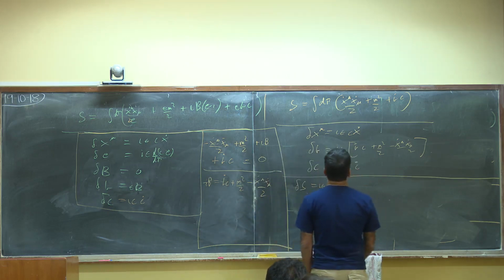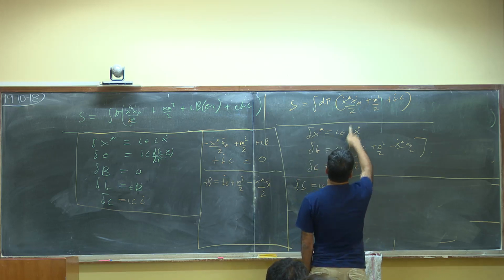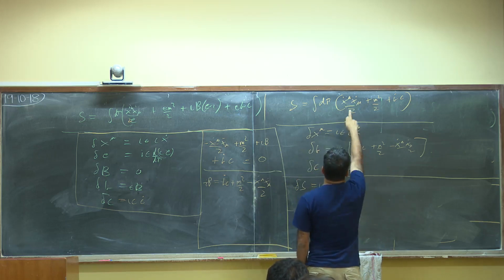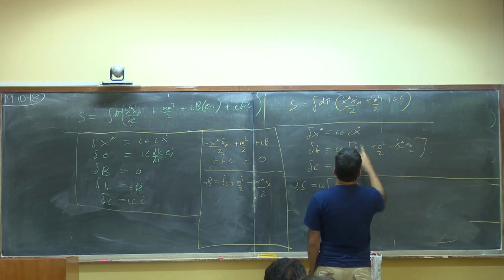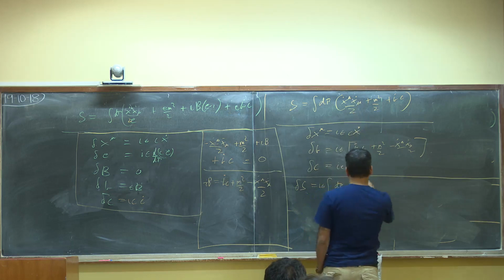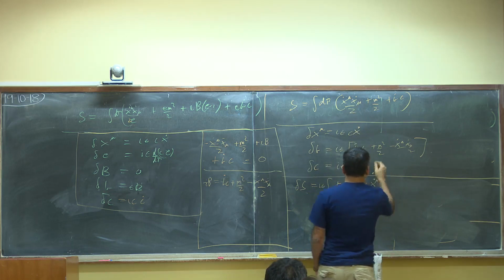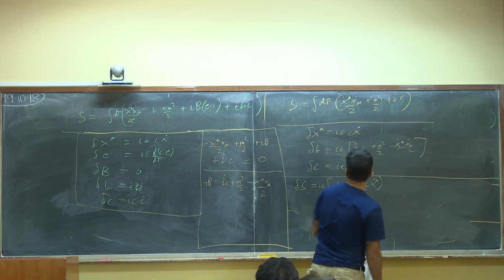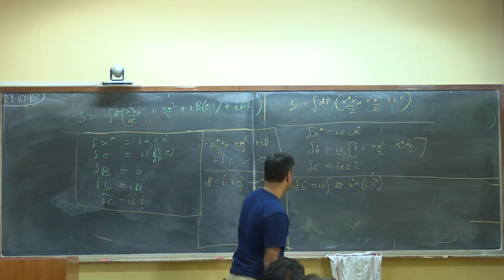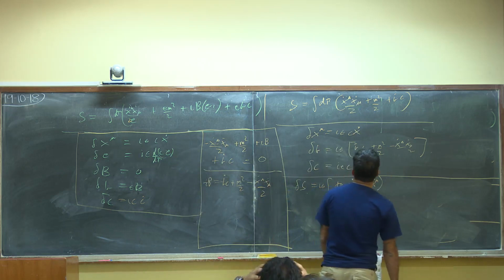Then there will be an integral c, and there will be one x mu dot, and then one variation, which is c x mu dot dot. Okay, that's the first term.